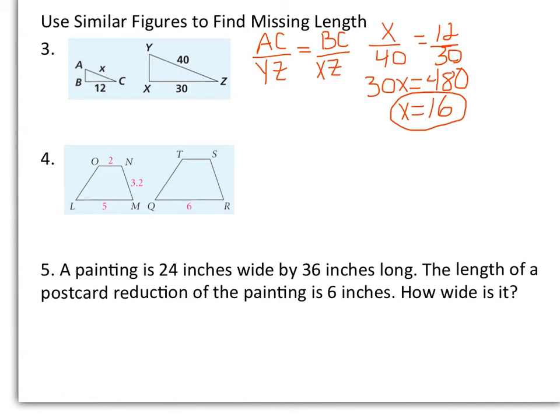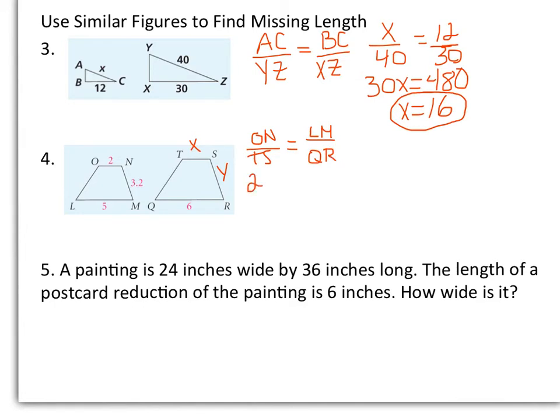Okay, number 4, we will find TS, which I will call X, and SR, which I will call Y. Okay, let's find TS first. So we can say ON is to TS as LM is to QR.